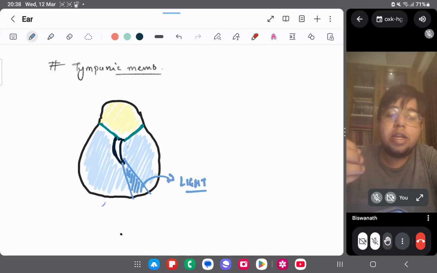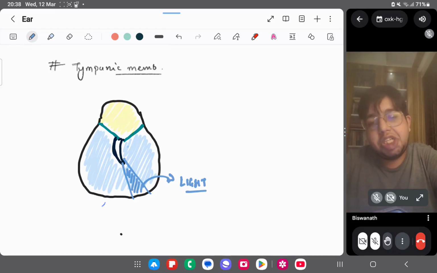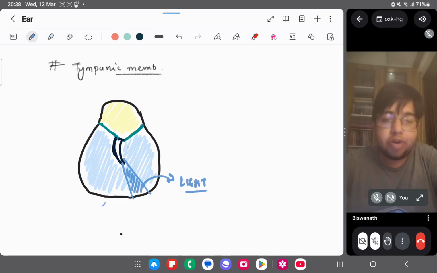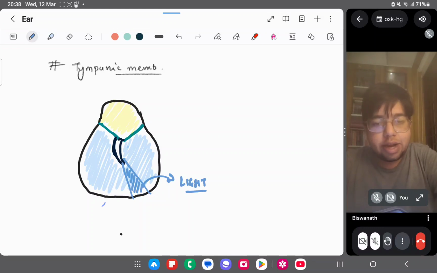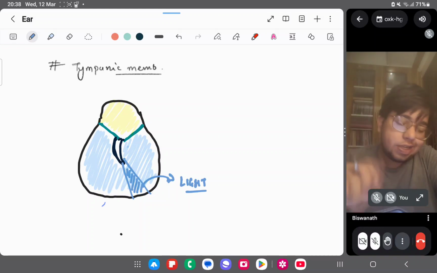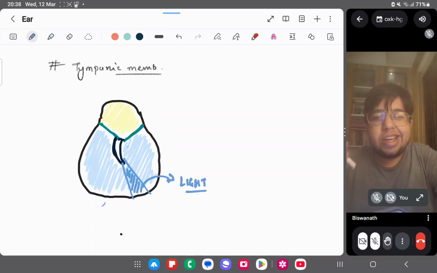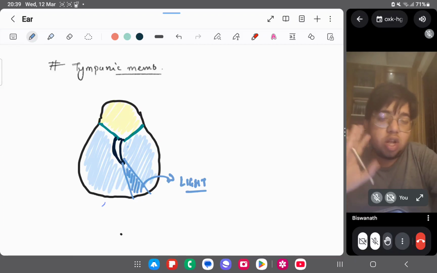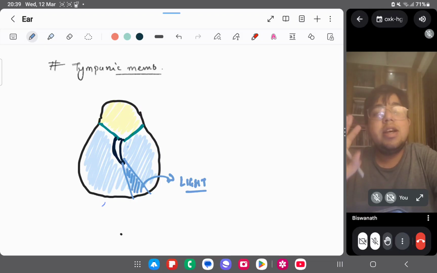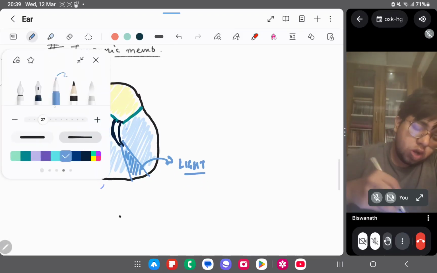In your tympanic membrane imaging, in the anterior inferior quadrant, a cone of light will be there. The umbo is a bit upper part. This cone of light is a bit downwards, so you can call this the cone of light only. I will show you a realistic diagram so that you will understand. Don't worry for now.